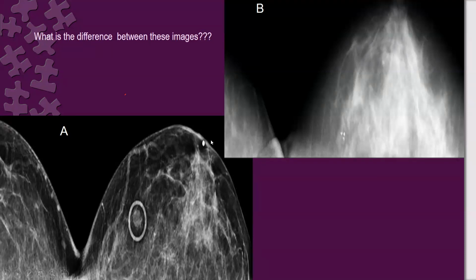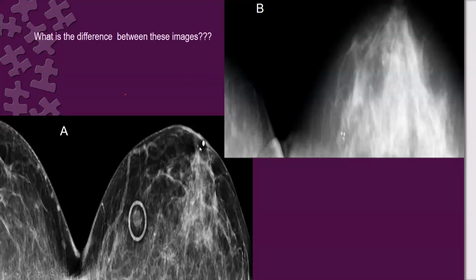On the left side, it looks like digital mammography, and on the right side, it is a conventional mammogram. But what is the difference? Why did you say this is digital and this is conventional? Yes, you are right, 100%, but why?